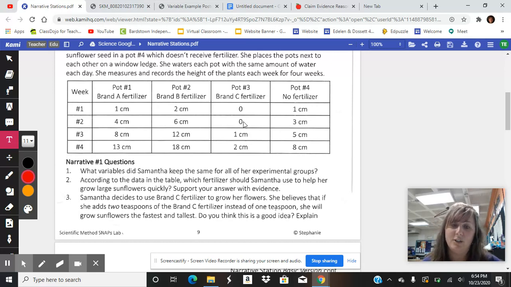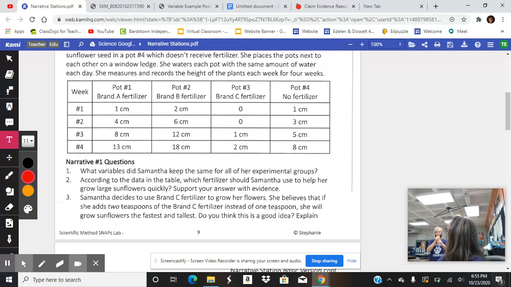So if we look at our chart for pot number 3, brand C fertilizer. Now on this one, she's only using 1 teaspoon. So if we add 2 teaspoons, our numbers will double. So 0, if we double that, it's still 0. 0, if we double that, still 0. 1 centimeter.